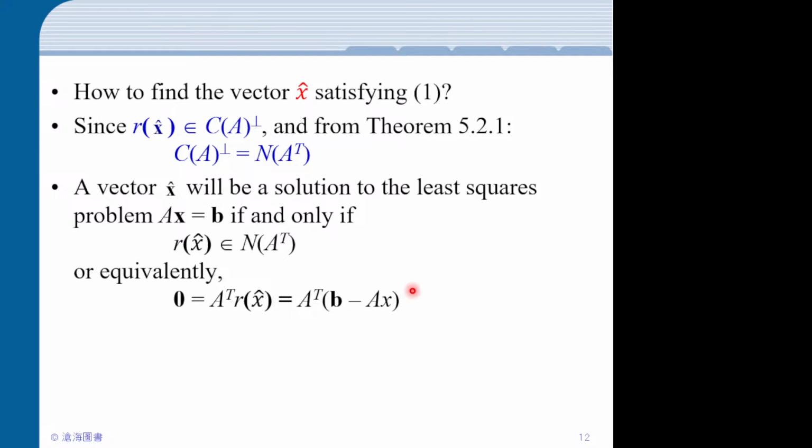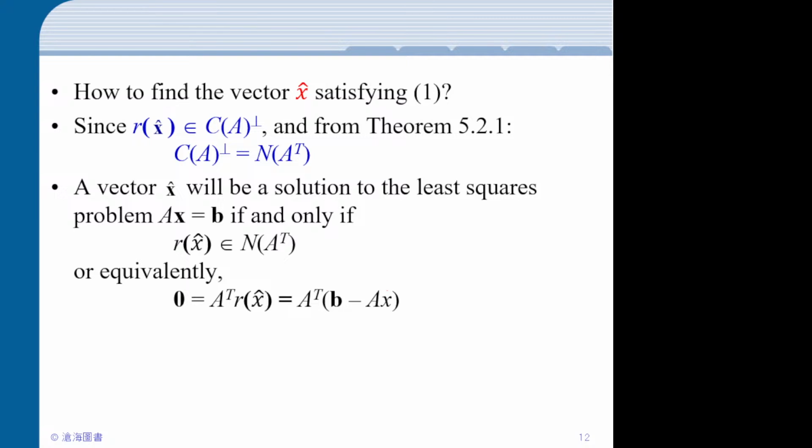So we write back what our r of x is. Our r of x is b minus Ax. Sorry, b minus Ax hat. R of x hat is b minus Ax hat.